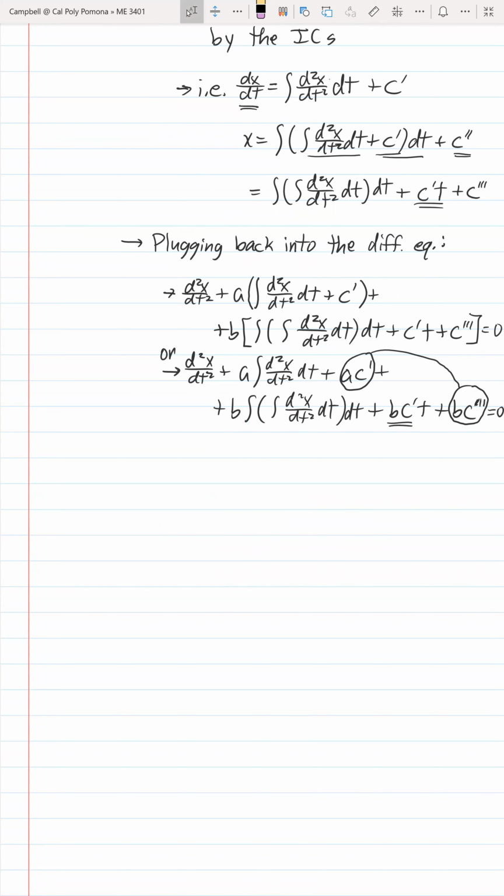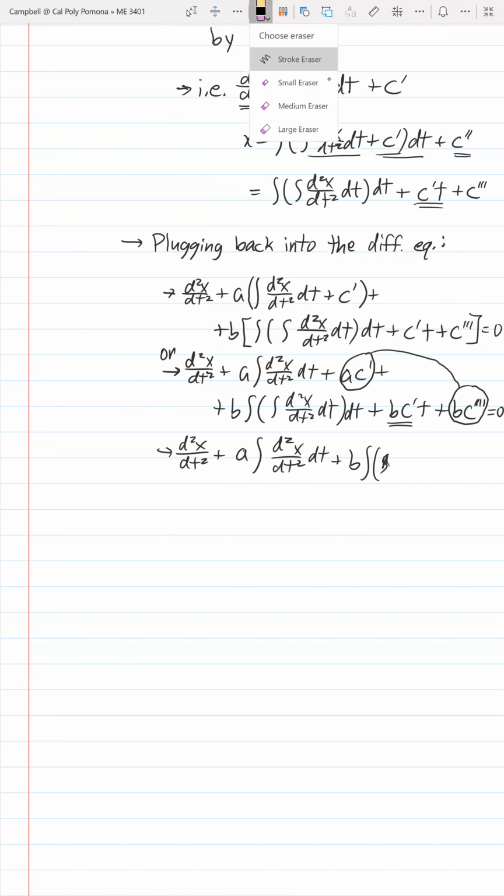And so then I can say that we have d squared x dt squared plus a times the integral d squared x dt squared dt, forgot my squared there, plus then b times the integral of the integral. Now let me make that more integral-y. Yep, eraser, come up.